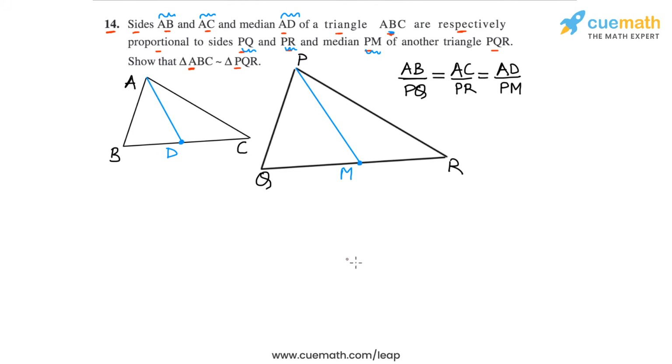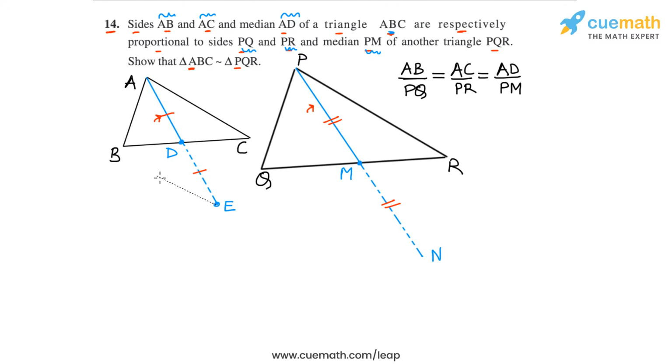We are going to extend this median AD to a point E like this, such that AD is equal to DE. Similarly, we are going to extend the median PM to a point N like this, such that PM is equal to MN. So this is a construction that we are going to do. Now we will join the point E to the points B and C. So let me do that.